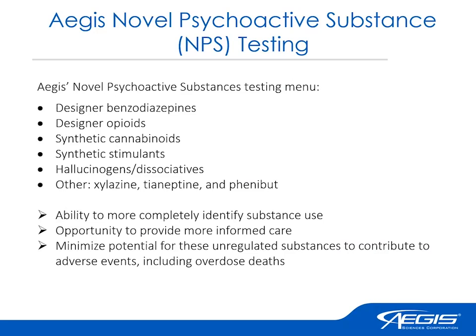Aegis's expansive NPS offerings are developed to allow providers the ability to more completely identify substance use and afford them the opportunity to provide more informed care and minimize the potential for these unregulated substances to contribute to adverse events, including overdose deaths. In conclusion, Aegis understands the necessity to persistently stay informed and to modify testing of the dynamic environment of designer benzodiazepines and novel psychoactive substances.